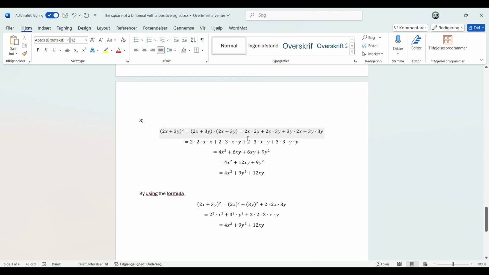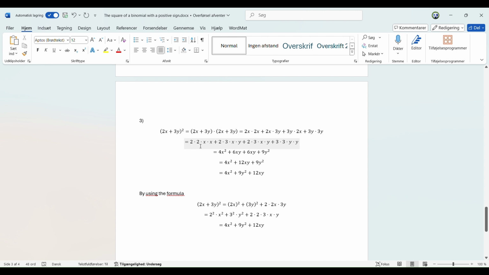Then we've got these 4 terms. We rearrange once again the factors, so all the numbers in the front and the letters in the back. So 2 and 2 go to the front, and x times x is in the back. 2 and 3 are multiplied in the front, and then x and y are put in the back. We do the same with the third term here, and the last term also. Then we've got these 4 terms.